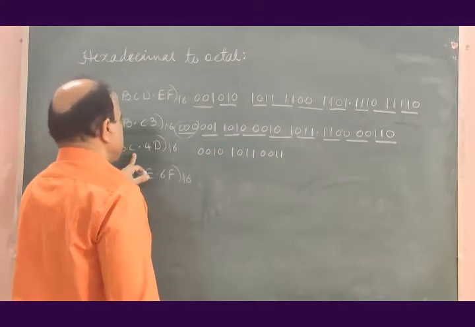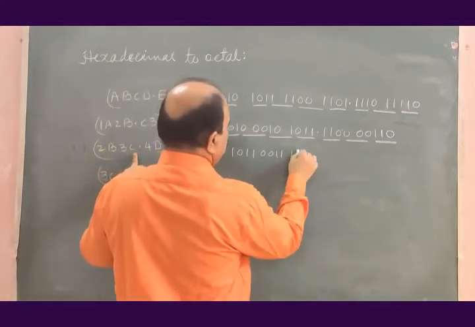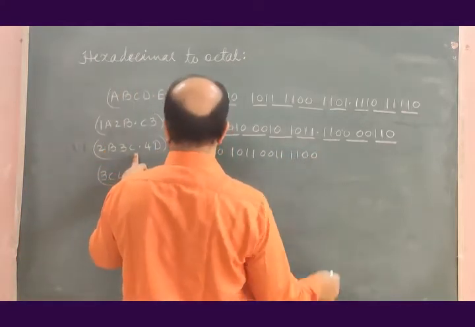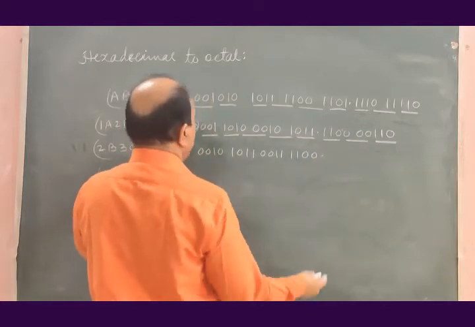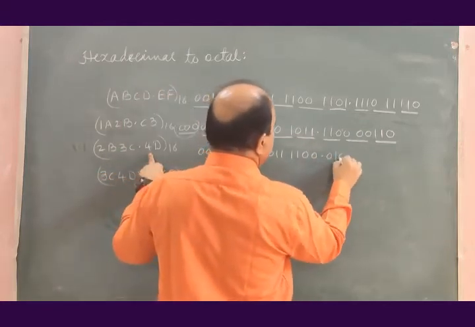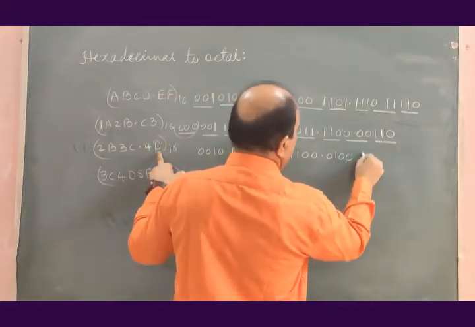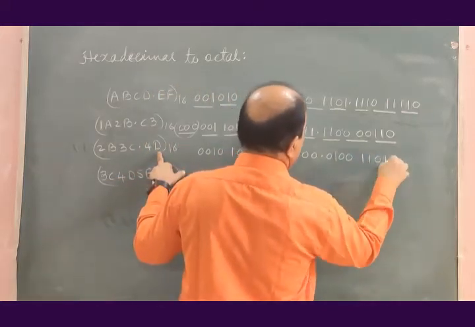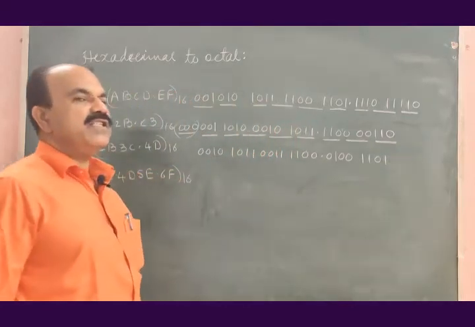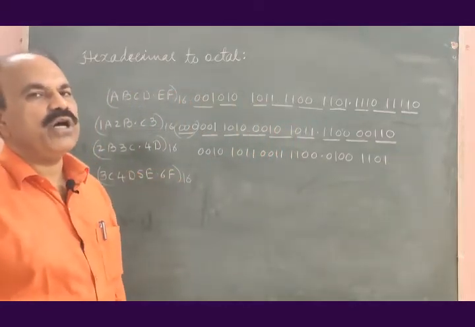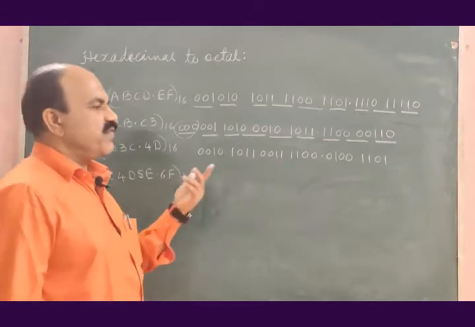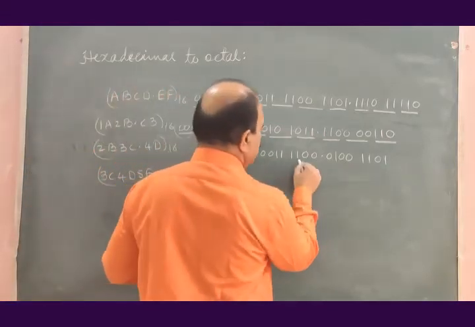C is 12, which is 1100. Binary point. 4 is 0100. D is 13, which is 1101. Start regrouping into groups of 3 bits from the binary point.